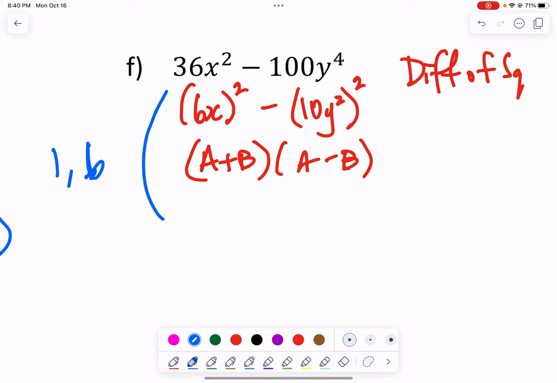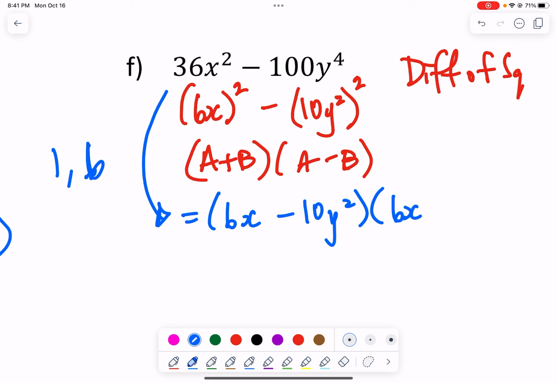So when this factors, we're going to get 6x minus 10y and 6x plus 10y. The order doesn't matter. The other way would have worked. I'm just trying to keep it the same.